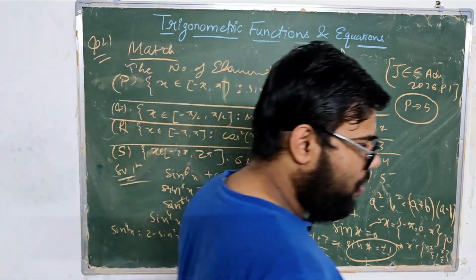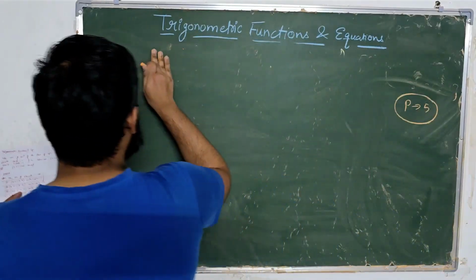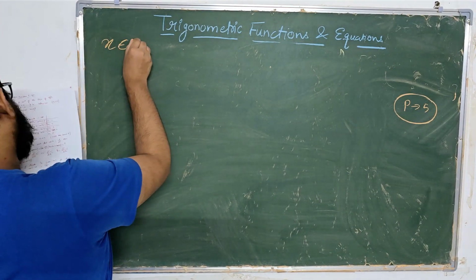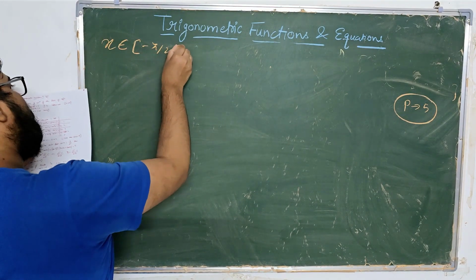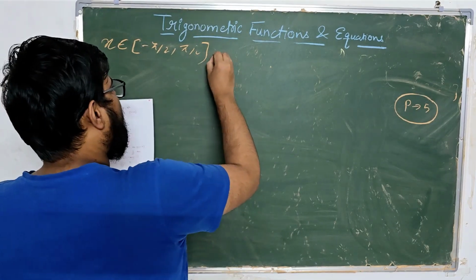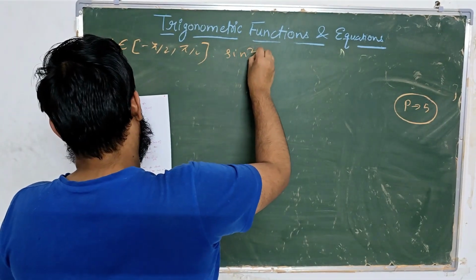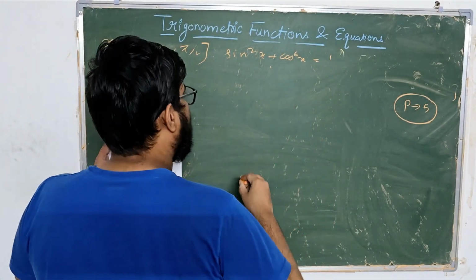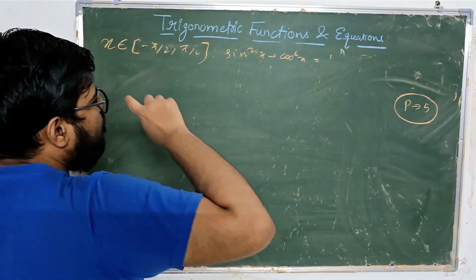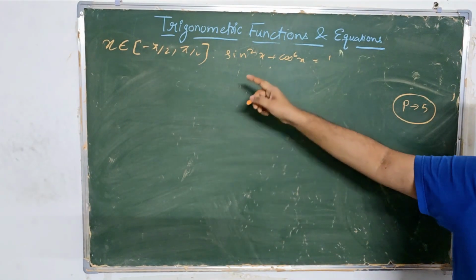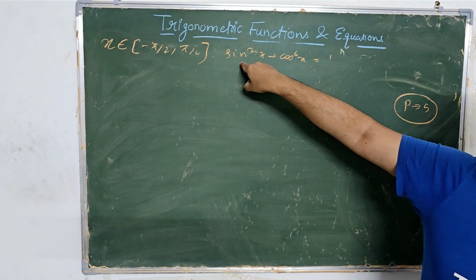Okay, so let me erase this. So option number q was x belongs to negative pi by 2 to pi by 2, sin square x plus cos raised to power 6 x is equal to 1, right? Okay, so again this is much simpler than the previous one, because we have the sin square term over here.